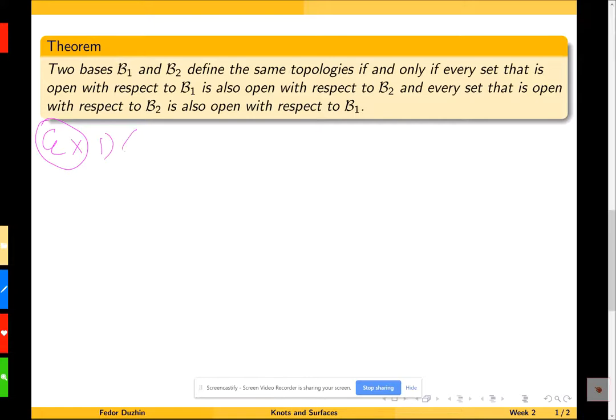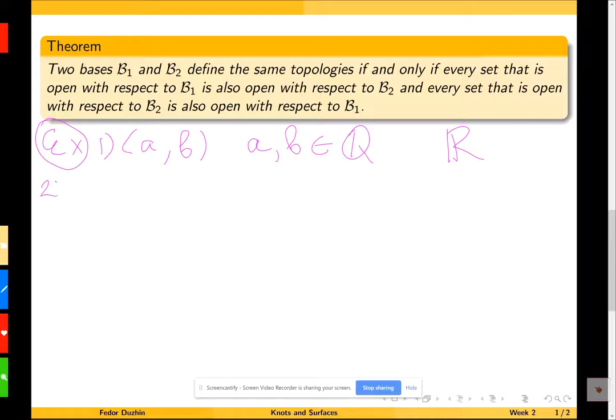So the first basis consists of all open intervals from A to B, where A and B are rational numbers. So this is the basis of a topology on R. It is straightforward to verify that both axioms of a basis hold, so it is indeed a basis. And notice that A and B are rational numbers, so this basis only contains countably many open sets.